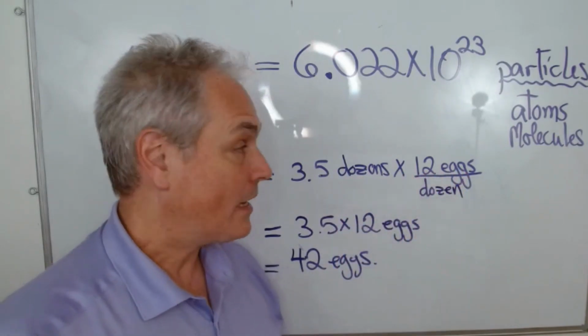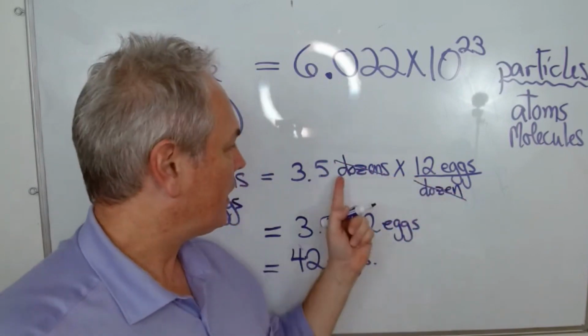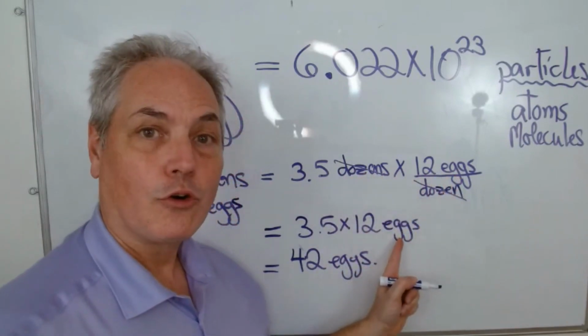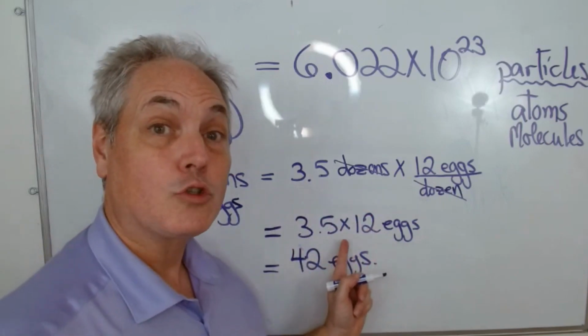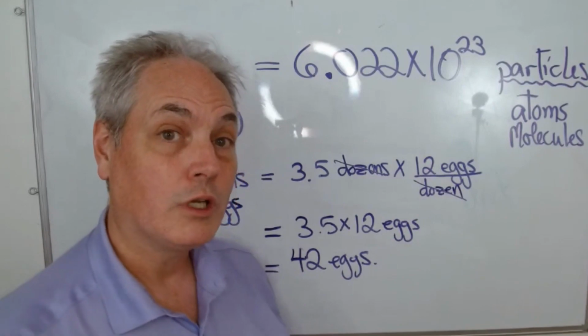Now, if we do some math, we can cancel out the units. The only thing left is eggs, so I have 3.5 times 12 eggs, a total of 42 eggs.